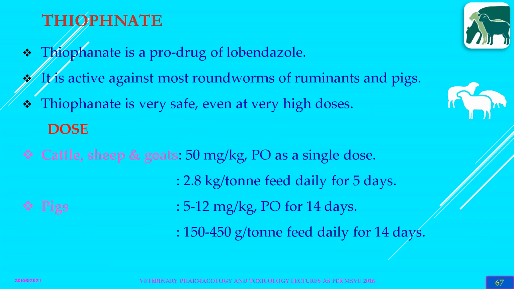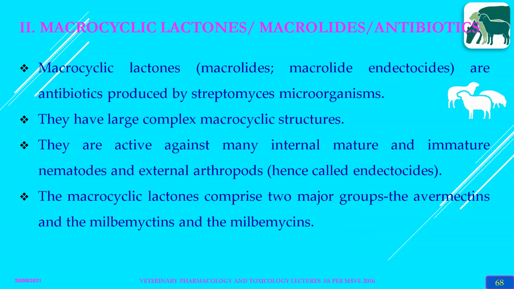Here the cost may be a little high. In cattle, sheep, and goats it is 50 milligram per kg as a single dose, and it is used at 2.8 kg per ton of feed, and in pigs, of course, 5 to 12 milligram. The rest can be mixed in the feed at 150 to 450 grams per ton of feed and administered for 14 days in case of pigs.